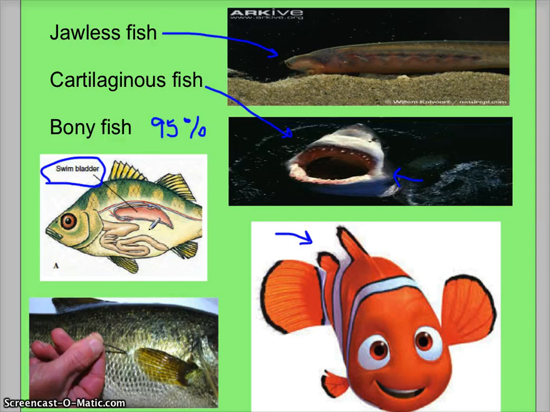The swim bladder is a gas-filled sac that helps the fish stay stable at different depths. So the fish can go to 1 foot of water, or it can dive down to 80 feet of water. But if it's in 80 feet of water, it has to have this gas sac, this swim bladder, filled.